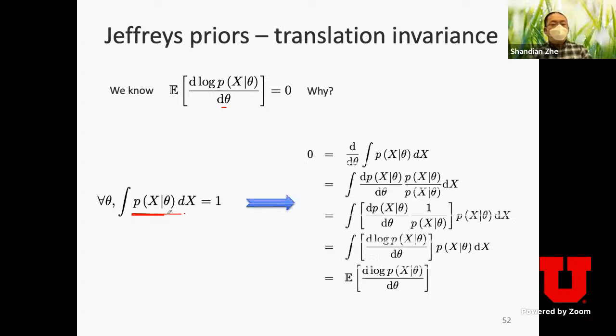That means if you take the derivative on both sides of this equation, you get 0, right? And for the left-hand side, which is the derivative of this integral with respect to theta, assuming some mild regularity conditions, you can switch the integral and the derivative.